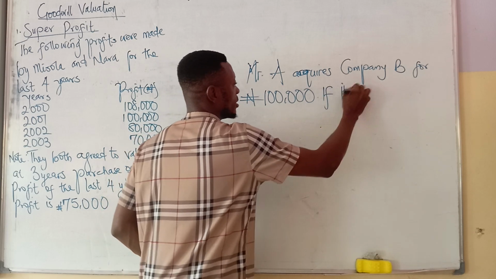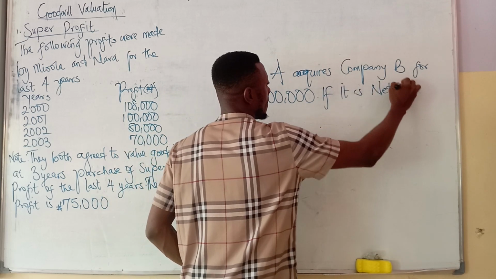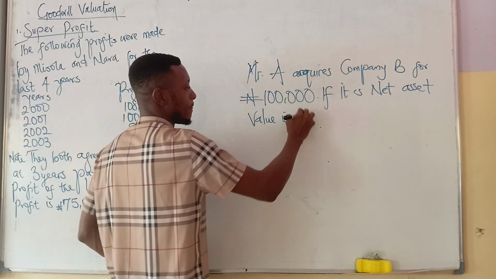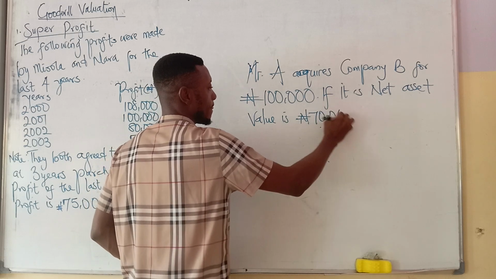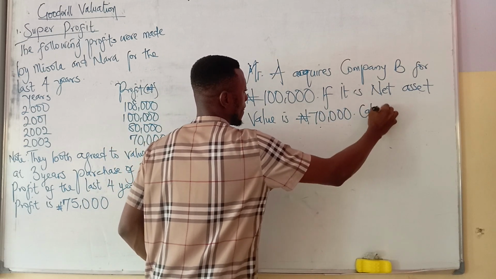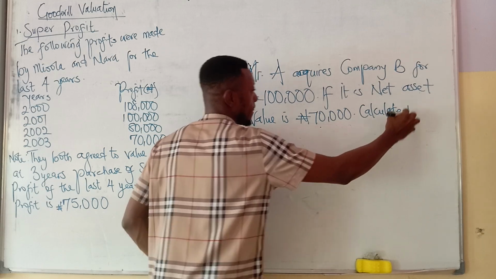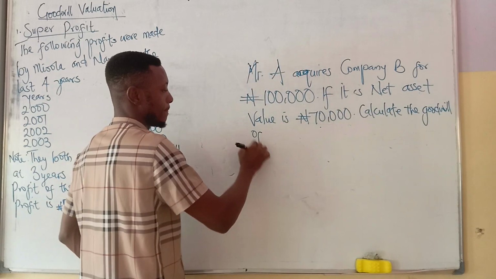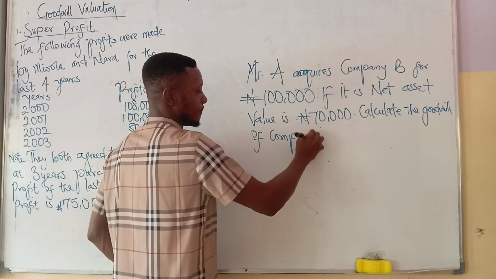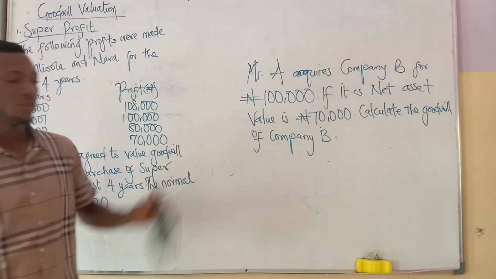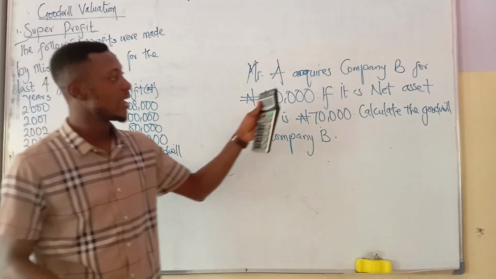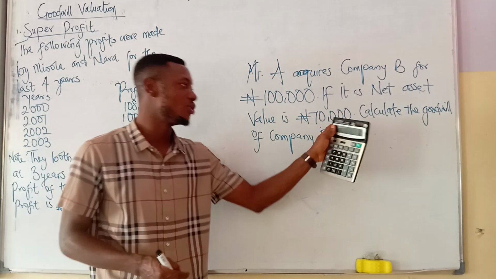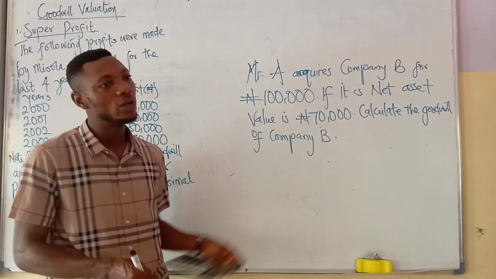If its net asset value is 70,000 naira, calculate the goodwill of the company.